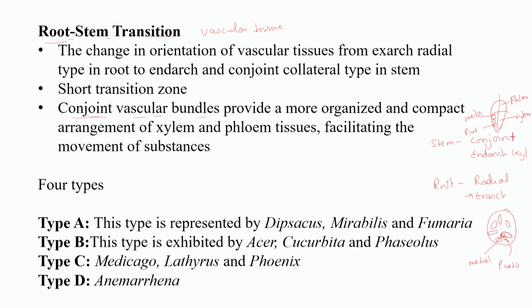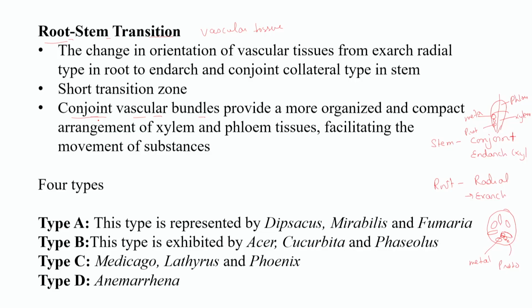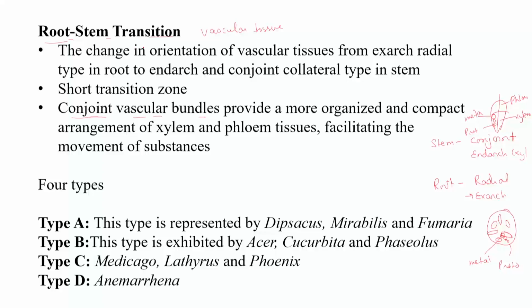So those plants which are growing on land, and they are very big plants like angiosperms and gymnosperms, they have to conduct water and nutrients to a great height. So this conjoint vascular system provides them a better system. In terms of anatomical structure also, it is considered to have a better organization. So definitely the root stem transition takes place, and there is a particular very short transition zone which converts the root vascular system into a stem vascular system.